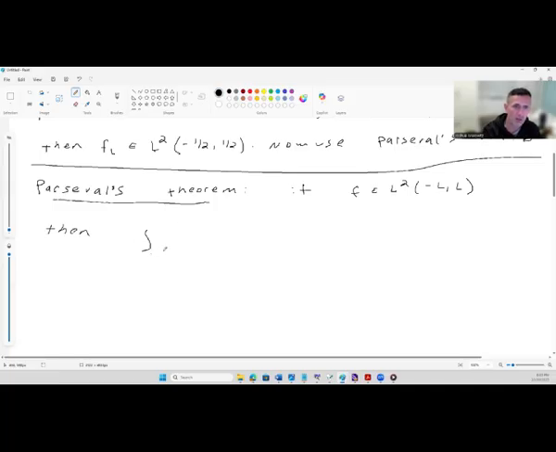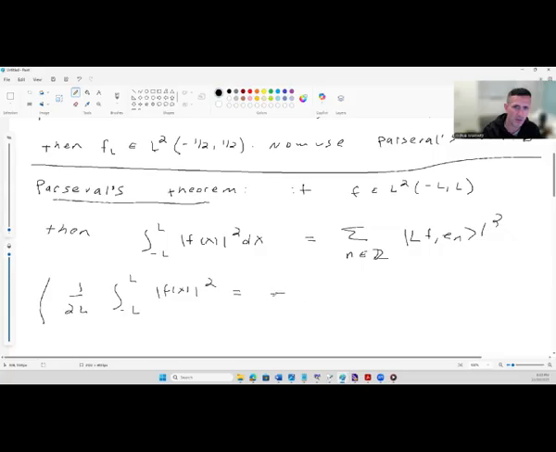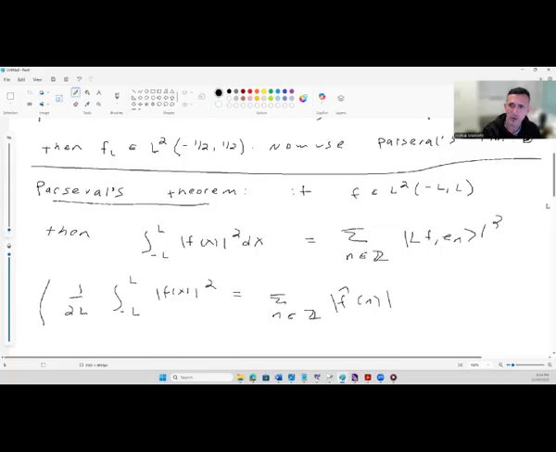Then the integral from minus L to L of the modulus squared of F dx is given by the following sum, the sum of the modulus squared of the inner products of F with En. Alternatively, really the same thing, a lot of people do this, you can write this in terms of Fourier coefficients.